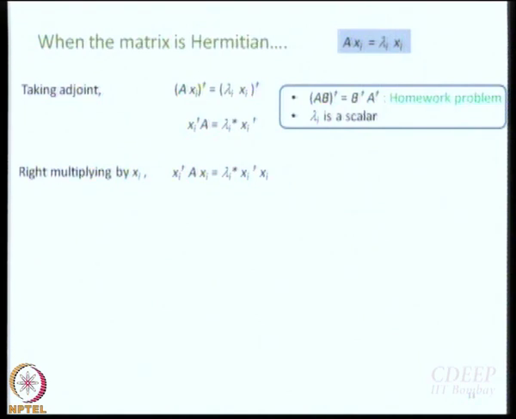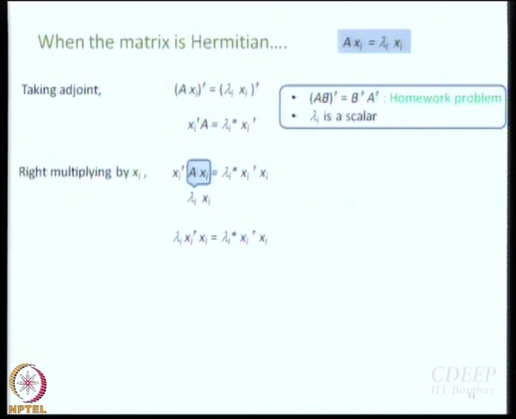Why do I right multiply by xi? Why not left multiply? If I left multiply, then I end up with not much. If I right multiply, the good thing is that A xi is there and we know what A xi is. A xi is lambda I xi. So it can get simplified a little bit and I can write xi dagger lambda I xi, and I can rearrange it to write lambda I xi dagger xi, lambda I is a scalar.